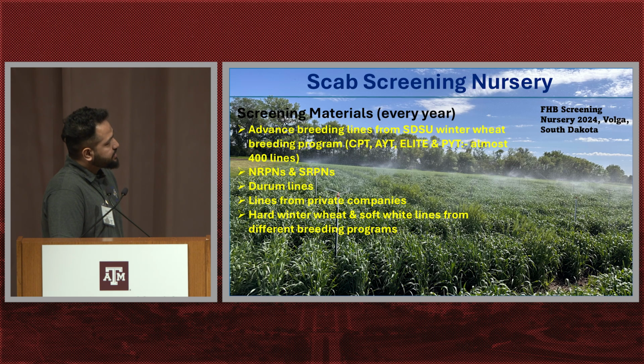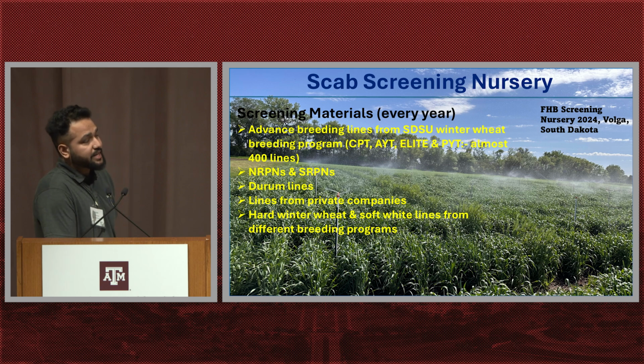Taking that into consideration, we have a scab screening nursery in our breeding program every year, comprising different materials that we screen. We have the advanced breeding lines from the SDSU winter wheat breeding program, that's CPT, AYT, Elite, and PYT, comprising almost 400 lines.